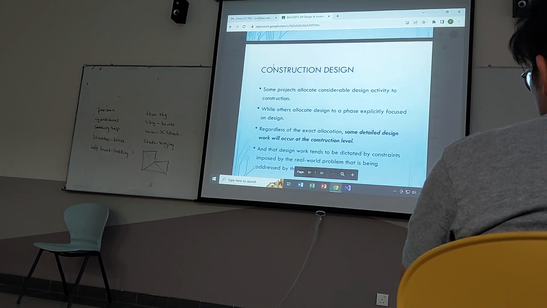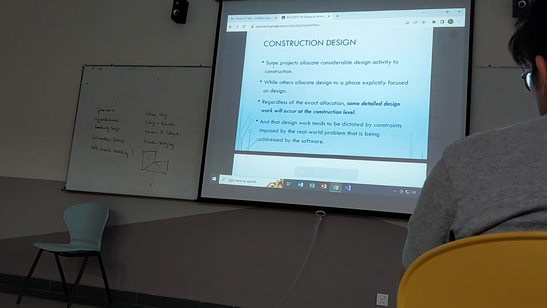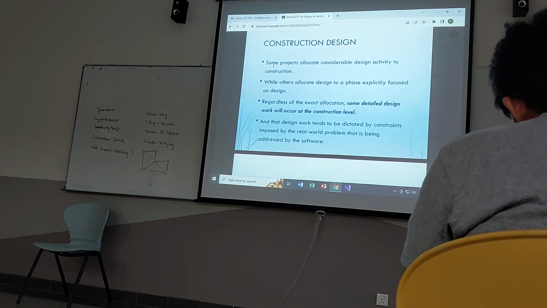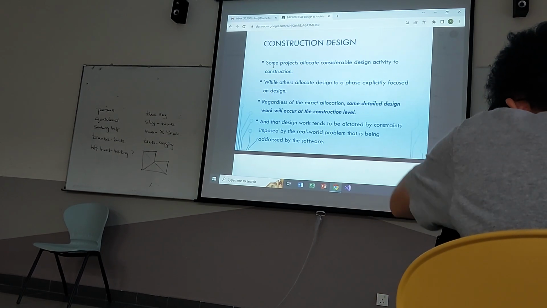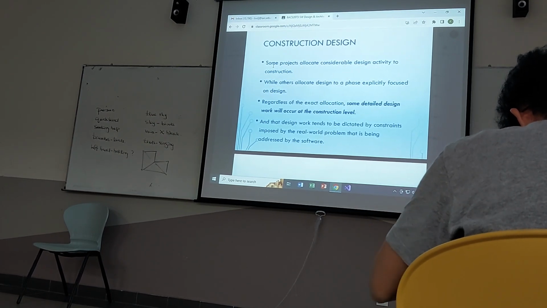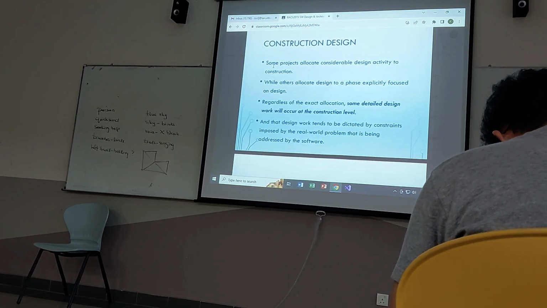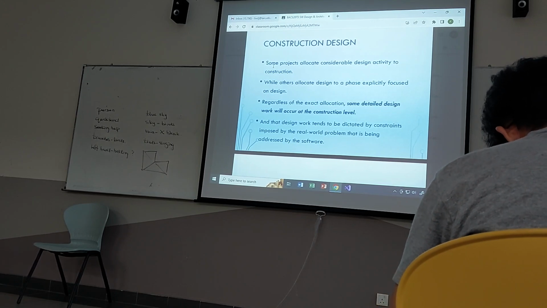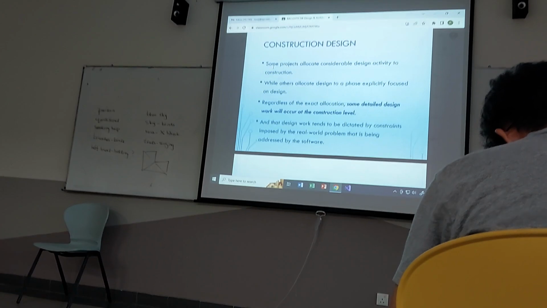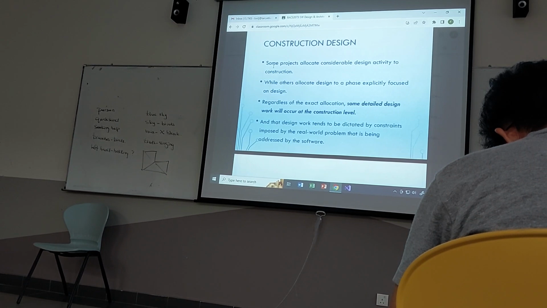Construction design is after the detail design. Maybe you start to write the algorithm, or maybe you start to code already. Then sometimes you find that something is not correct. When you code or write the algorithm, you look back at the design and find something may be incorrect or missing. Then you have to design or modify the missing part or adjust the incorrect part.